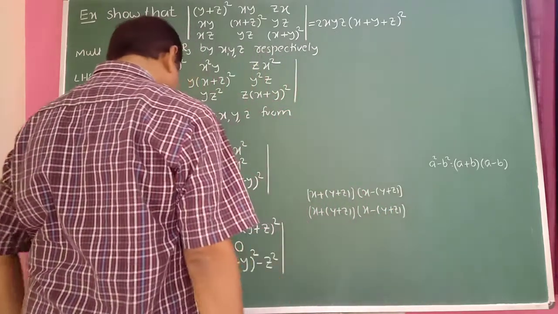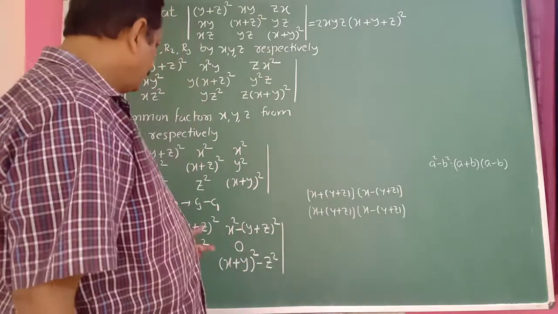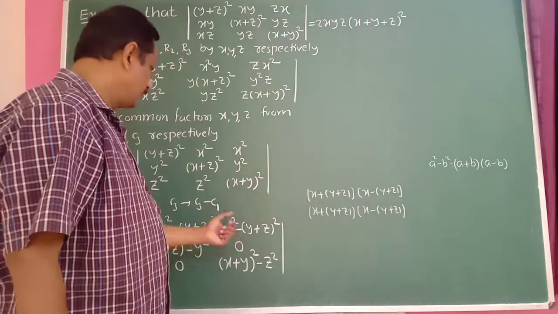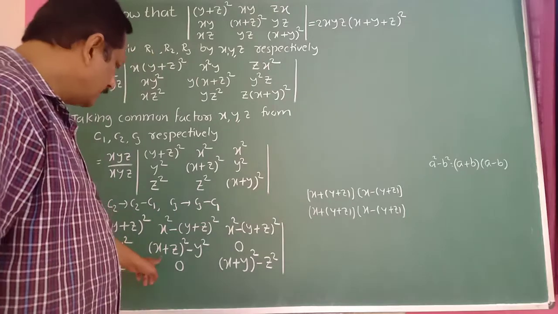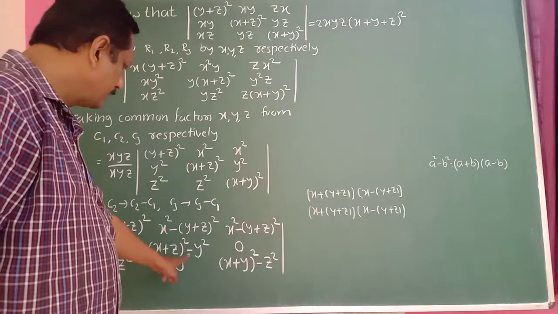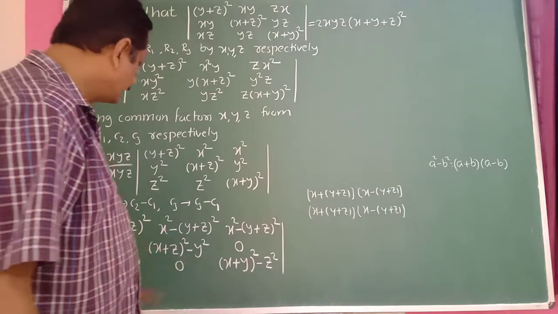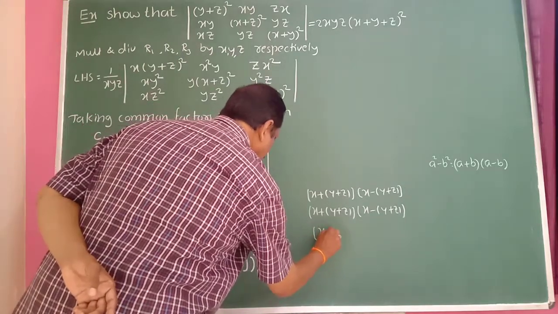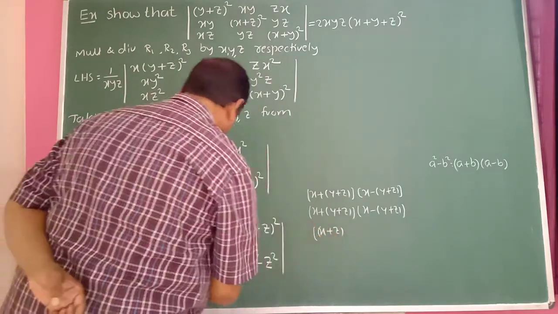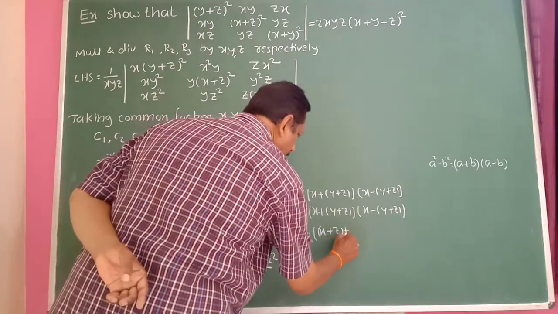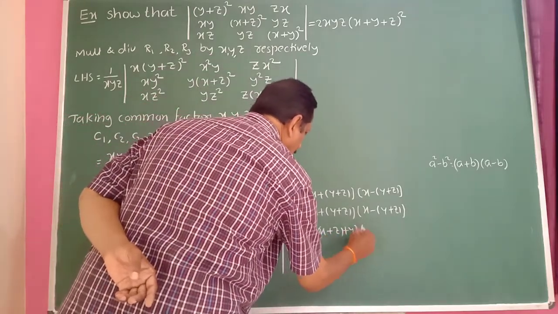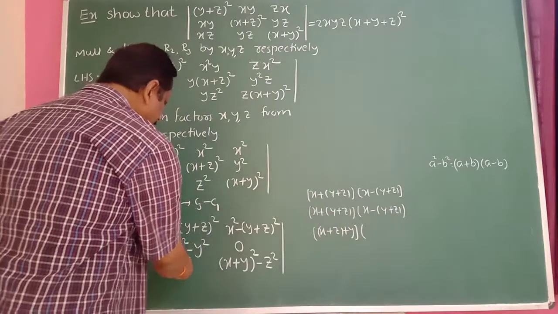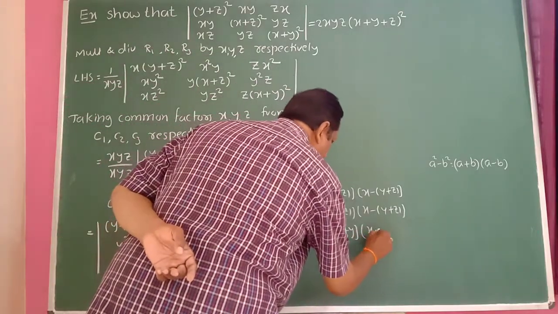Therefore, from these two terms, even here also, (x plus z) whole square minus y square is there. You write this one as (x plus z plus y) and (x plus z minus y).